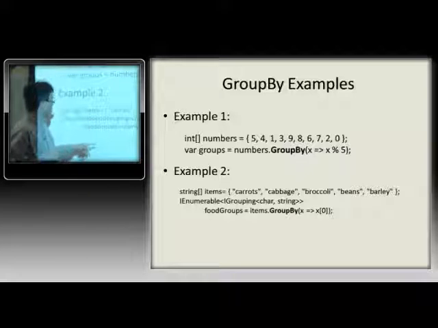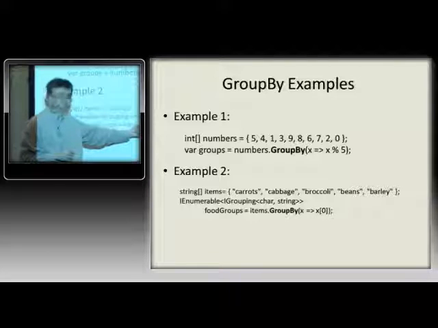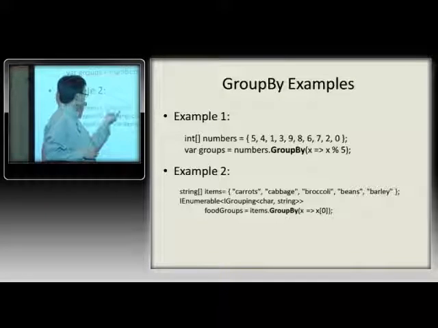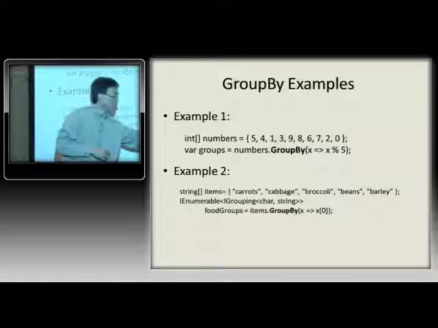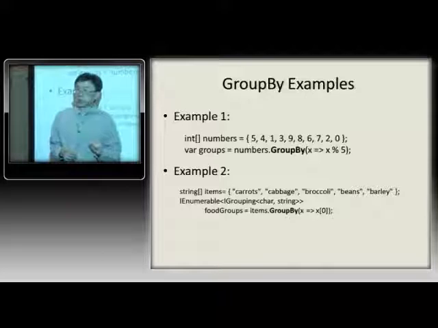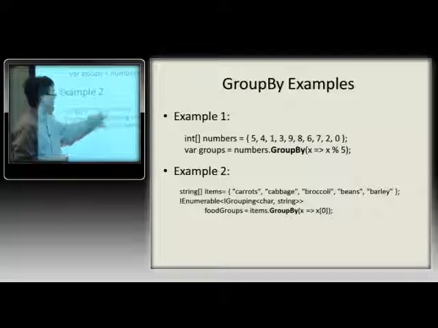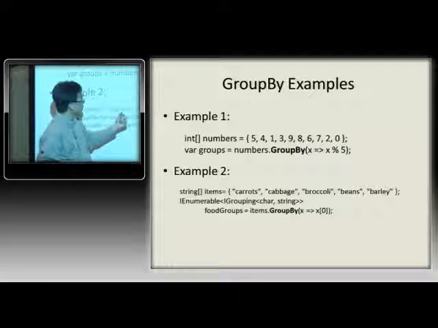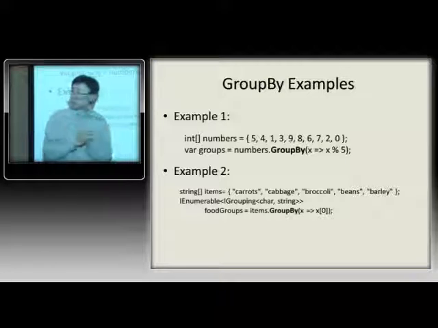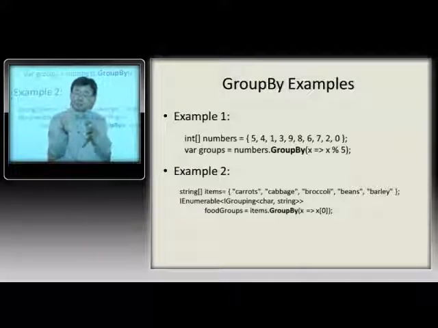I take the items and do a GroupBy, and remember each element here is a string. I use the first character of the string to form the groups. If you look at the result, how many groups are there? There are two groups. The carrots and cabbage are in the same group, and the broccoli, beans, and barley are in the same group. They are not in another group.